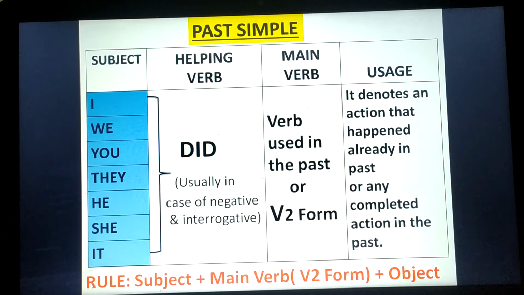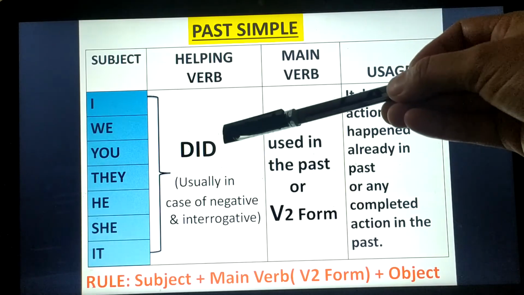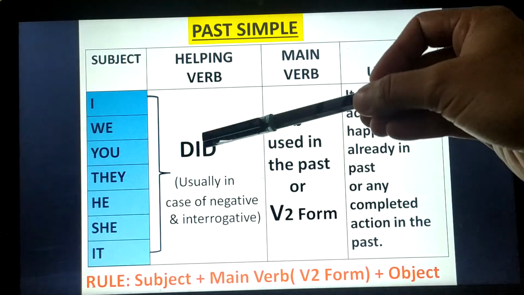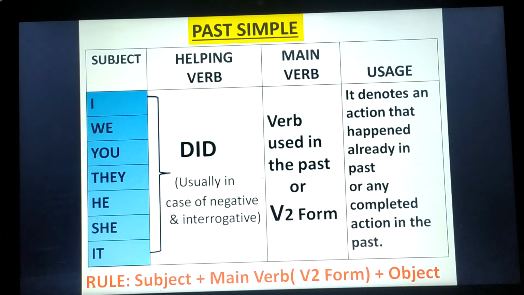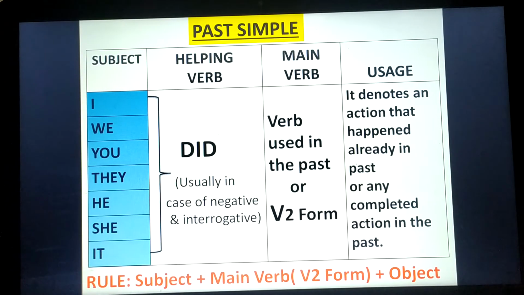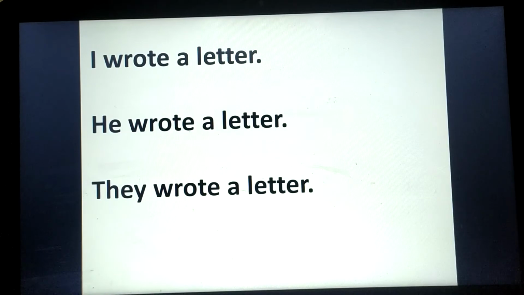But where do we use did? We usually use it in case of negative and interrogative, right? And apart from that, here main verb is the second form of verb, and it is used to show any action that has happened in the past or that has completed in the past. So here I have few examples. I wrote a letter, he wrote a letter, they wrote a letter.